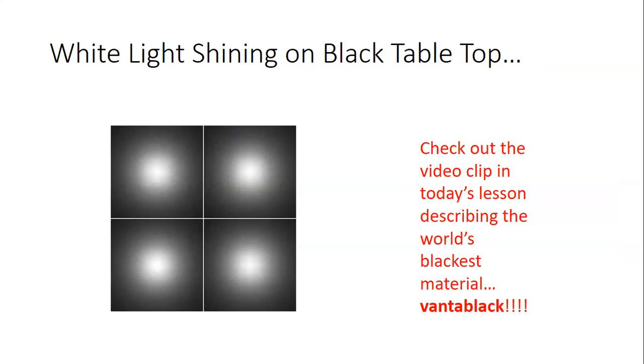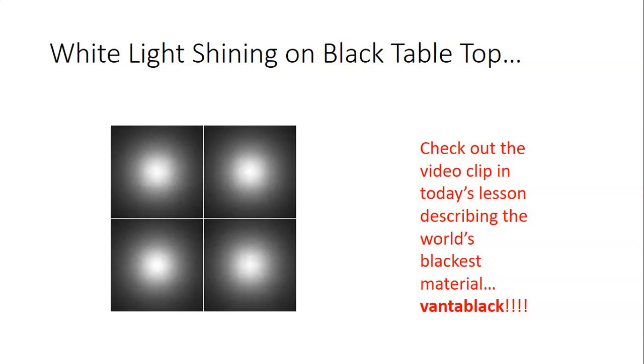Okay? If I used a white flashlight on our tabletop, you're going to get a glare. So with the white light, not all of the white light is absorbed by the color black, even though we've learned that. But there are other properties about that substance, which is our tabletop in class.